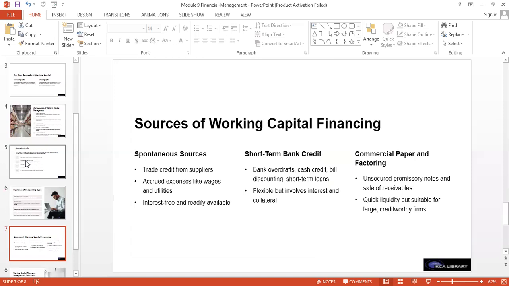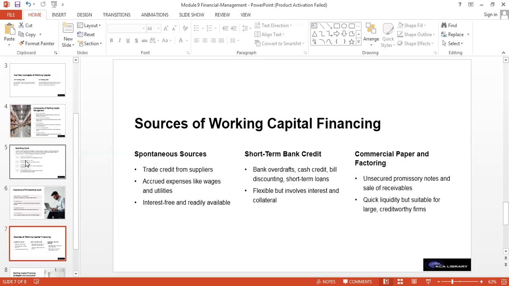For short-term bank credit, we talk about bank overdrafts, cash credits, bill discounting, and short-term loans. It's flexible, but involves interest and collateral, as against the spontaneous sources.